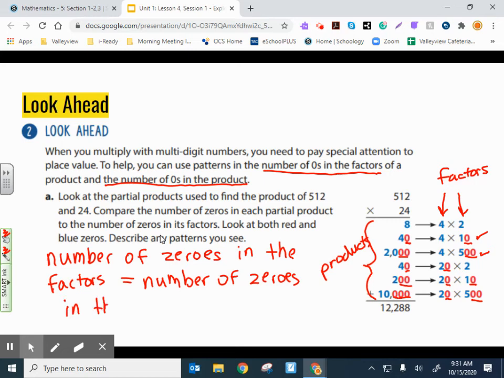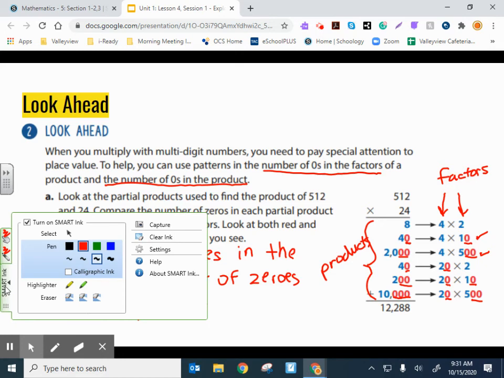That is the pattern. Again, a lot of mathematics is just finding the pattern and then recognizing why that pattern exists. Okay, let's go on to B.